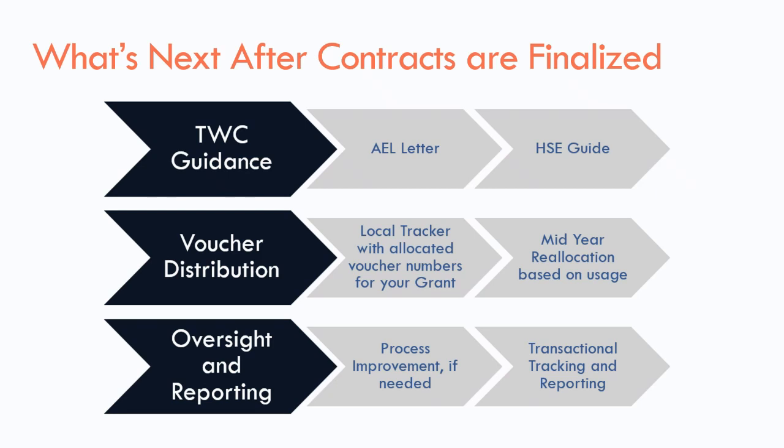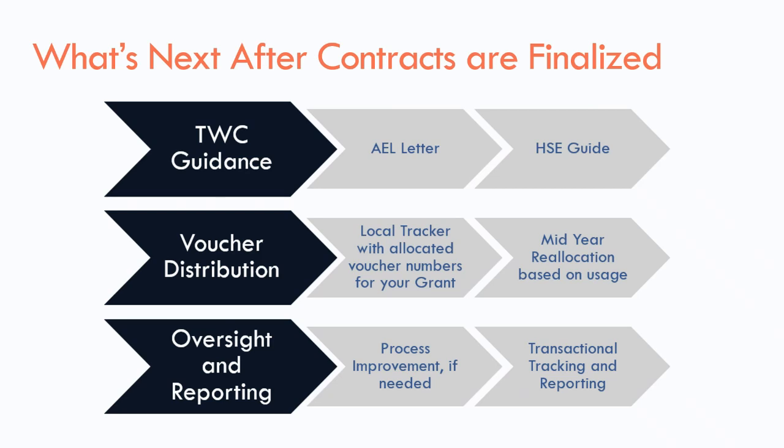And then Fabiana mentioned you can expect that we will have a mid-year. We're saying mid-year, it could be at any time. We plan on looking at things on a monthly or quarterly basis as we move forward through this year, just to make sure that the usage is aligning to need and vice versa, so that we can make sure that the vouchers are getting to individuals that are utilizing them.